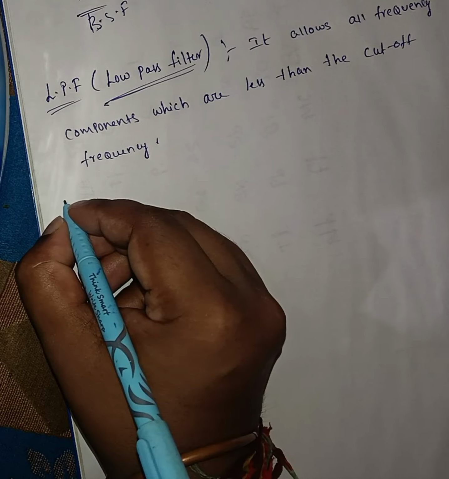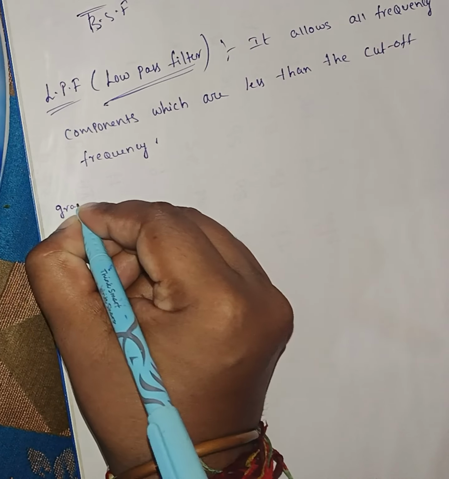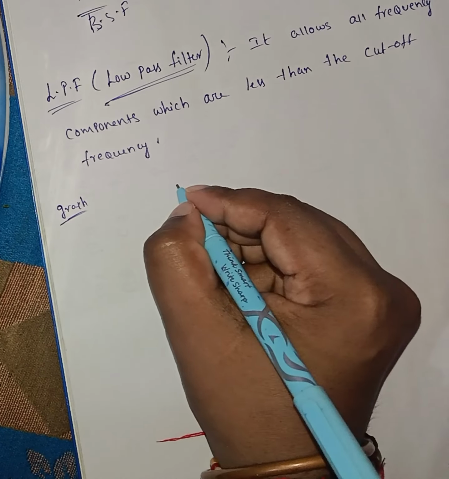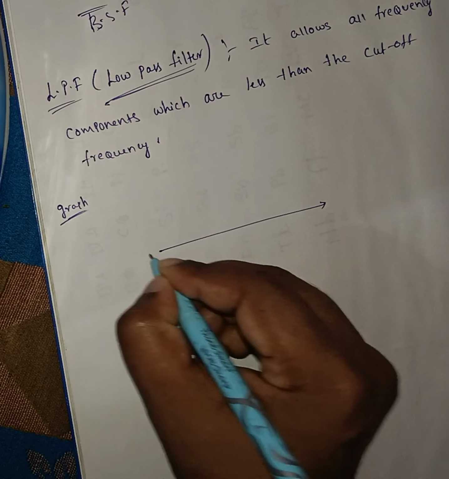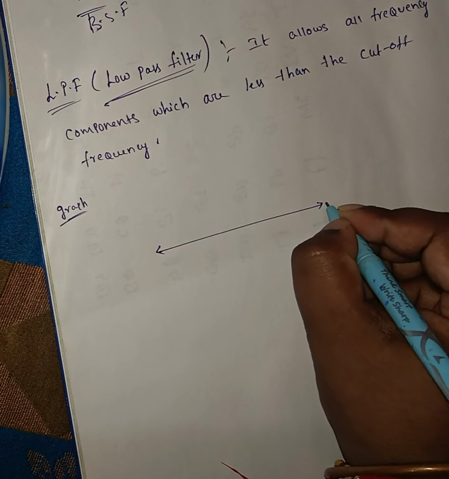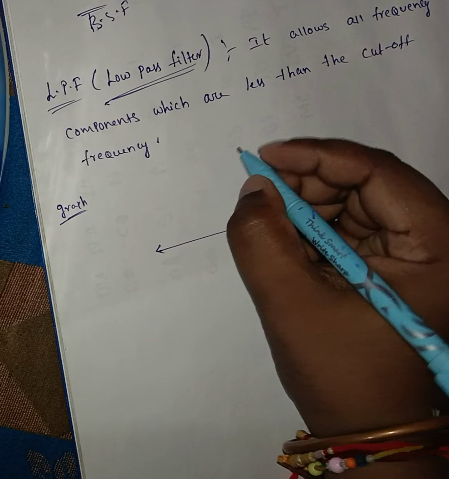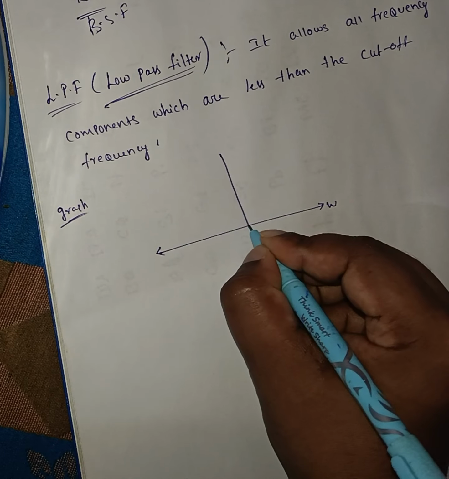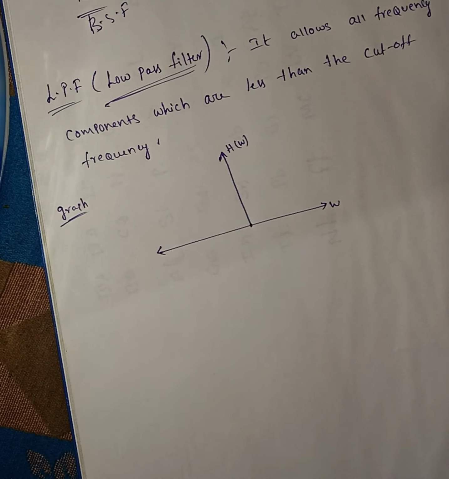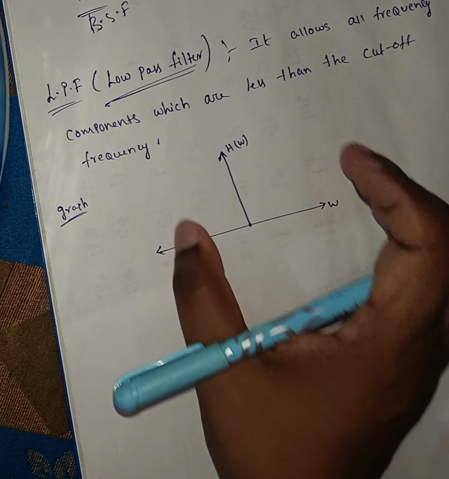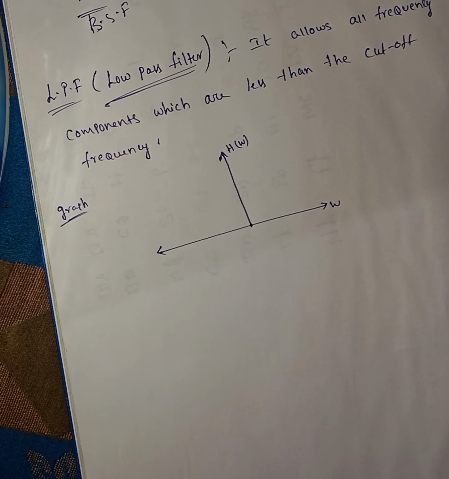So first we will represent the graphical representation. Take the x-axis as frequency, that is omega, and the y-axis as H of omega. The graph between omega and H of omega is called the graphical representation of the low pass filter, that is called the characteristic graph.